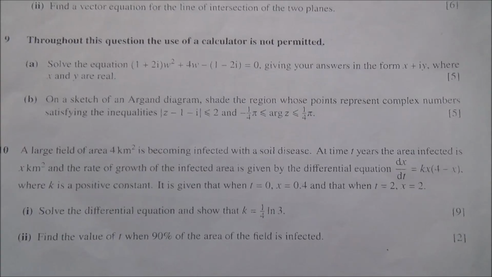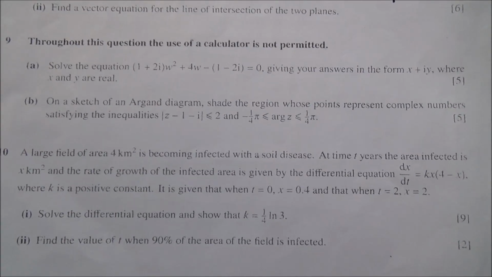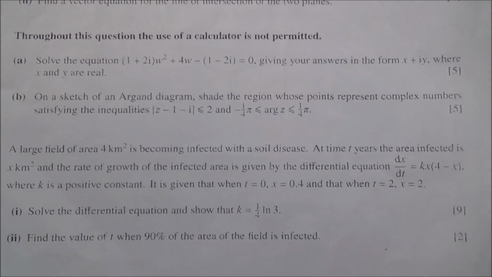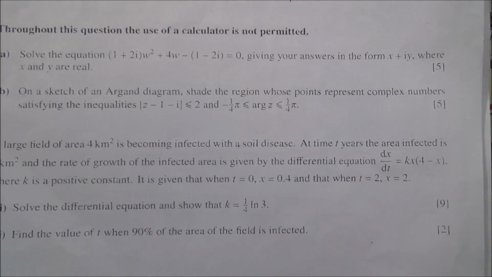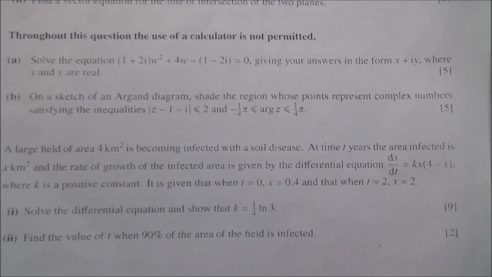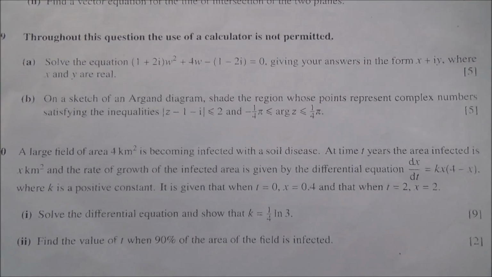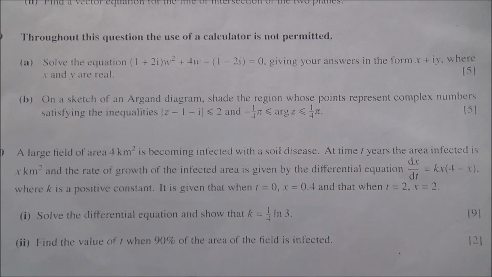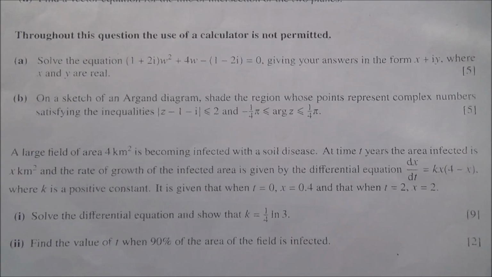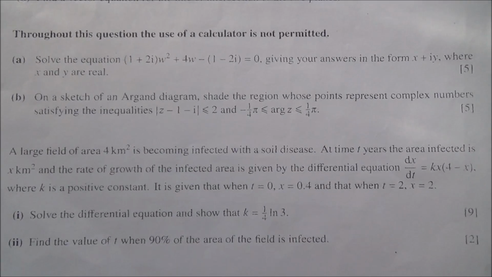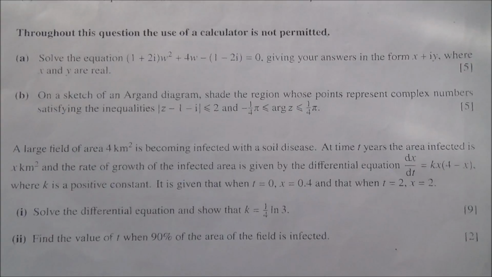And for the second part, on a sketch of an Argand diagram, shade the region whose points represent complex numbers satisfying the inequalities: modulus of z minus 1 minus i less than or equal to 2, and minus quarter pi less than or equal to the arg of z less than or equal to quarter pi.